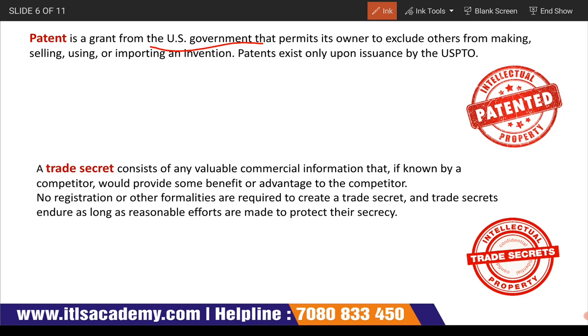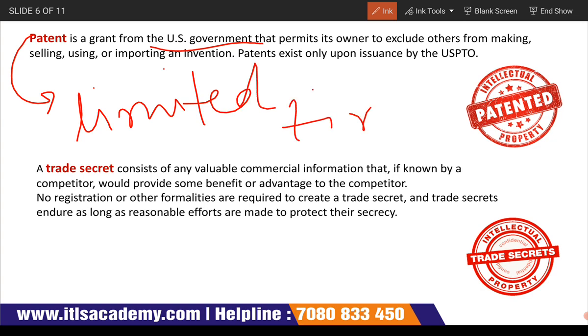The patent is granted for a limited time. It is not granted for a lifetime. A patent is always granted for a particular, limited time.